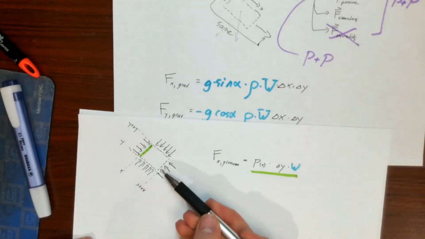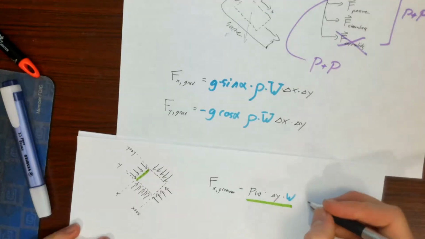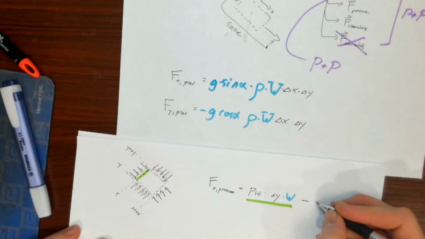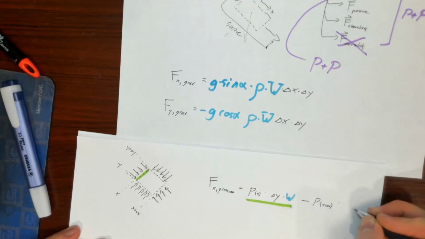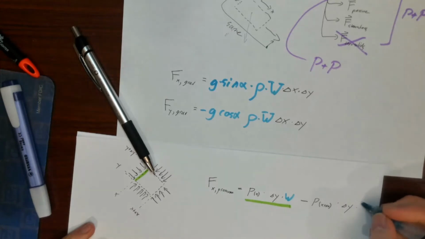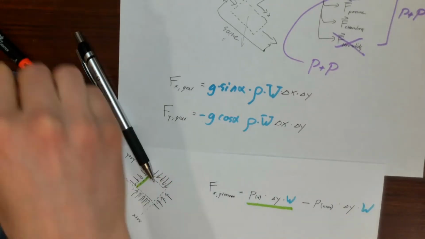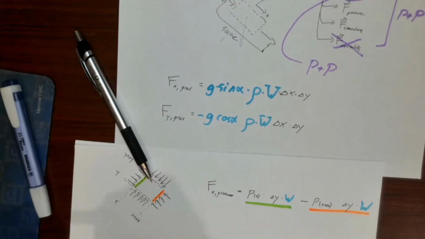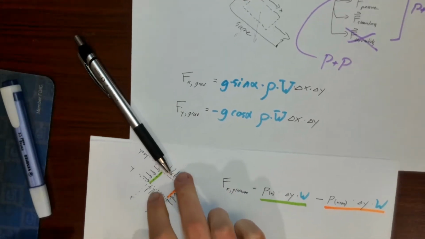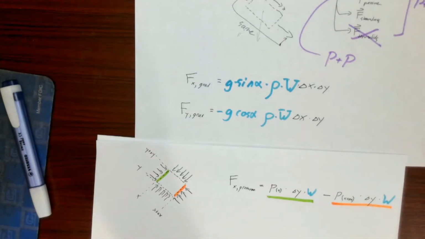But then we have this force that's pushing us at x plus delta x. So that force would be minus pressure at x plus delta x times delta y times w, where the area of this face is delta y times w. And these forces don't contribute to forces in the x direction at all.